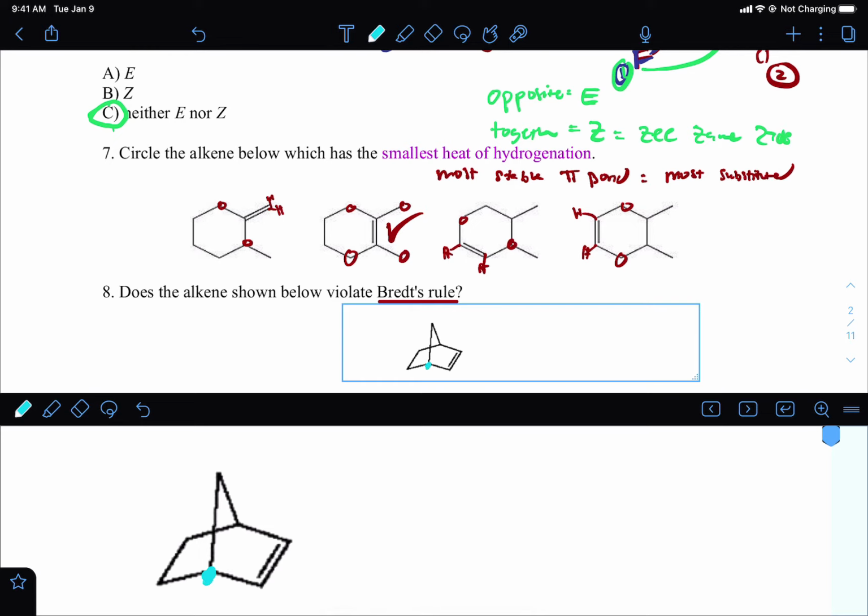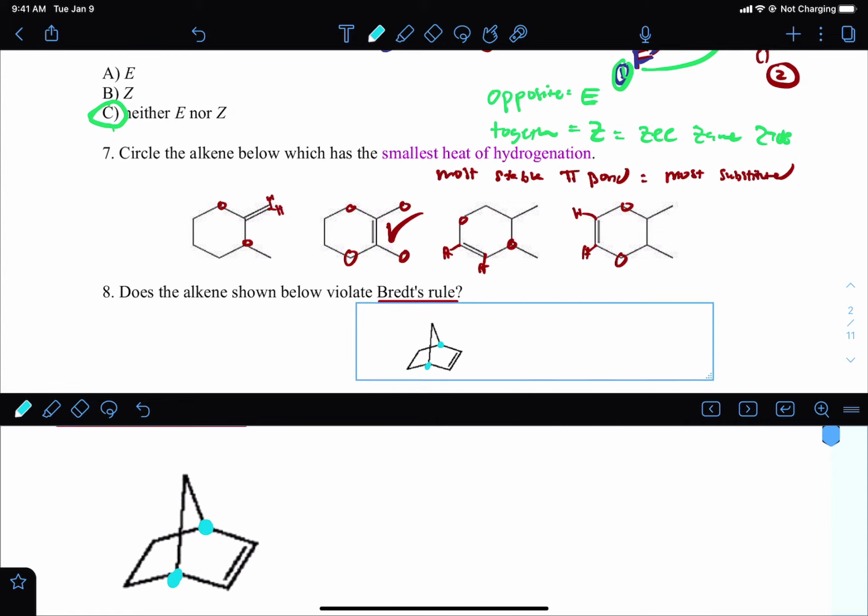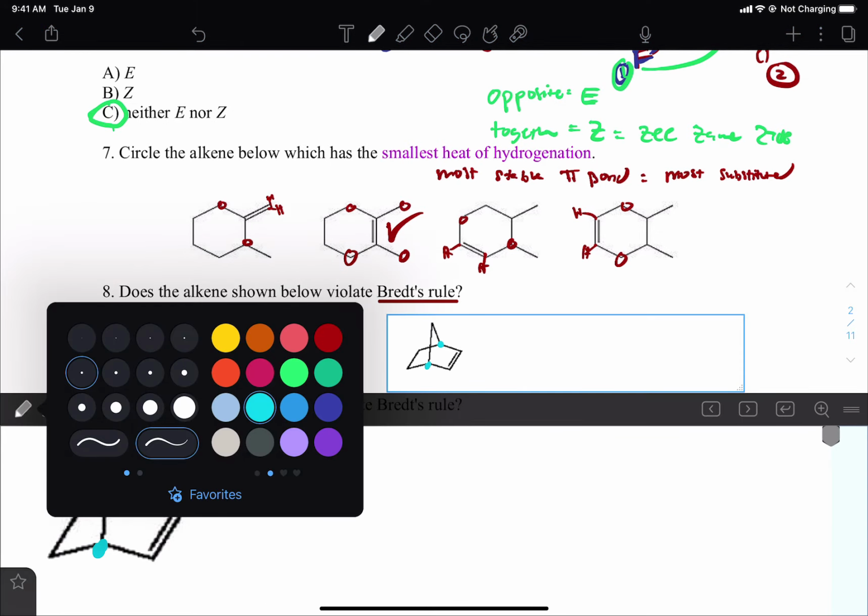These are bridgehead carbons. They are the carbons that are participating in the bridge. Brett's rule says you can't have an alkene on the bridgehead unless one of the rings has 8 carbons or more in it. Okay, which seems a little bit of an obscure rule.